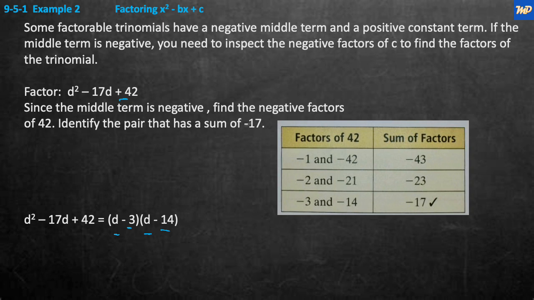It's d minus 3 times d minus 14. And if you multiplied it back to check it, d times d is d squared. Outer, d times negative 14 is negative 14d. And then the inner is negative 3d, and negative 3 times negative 14 is positive 42. Okay, good.